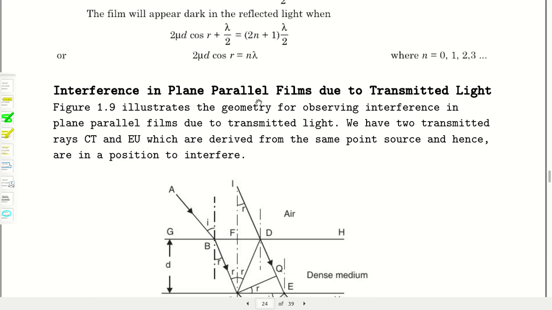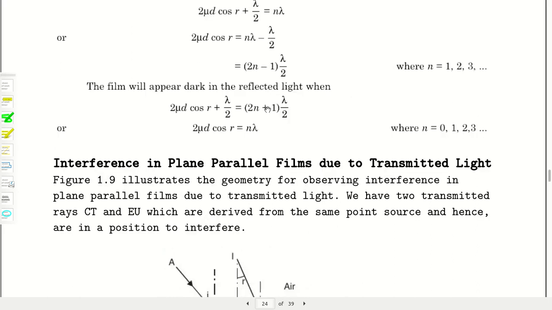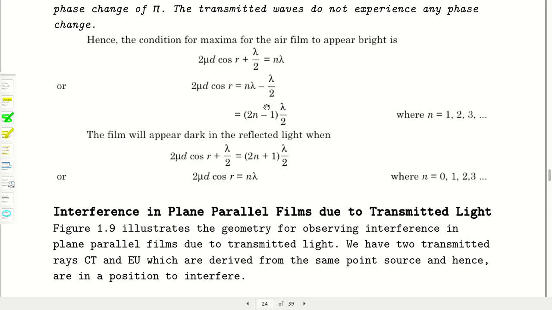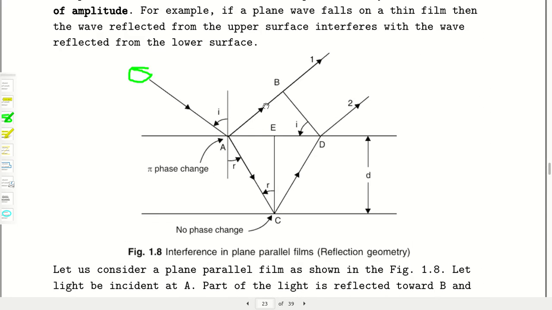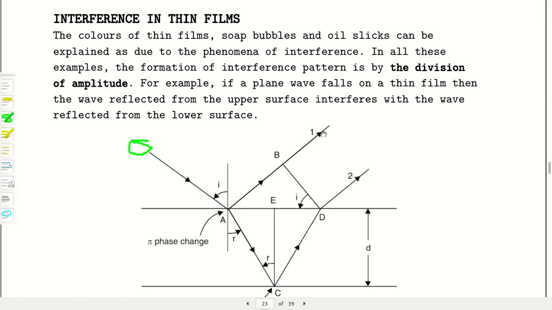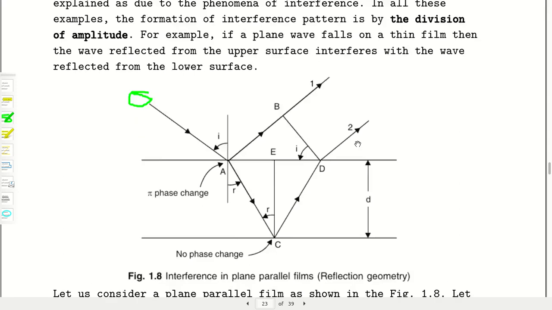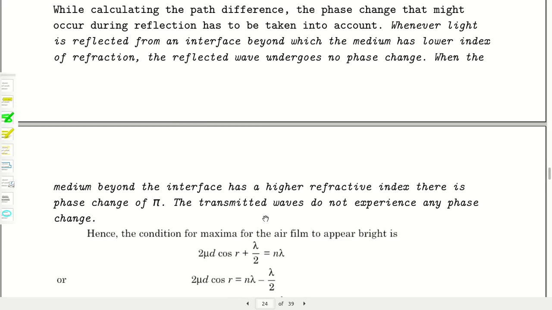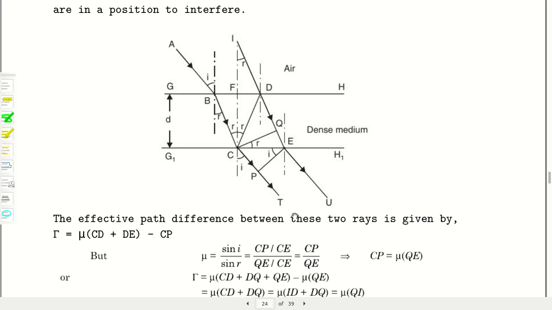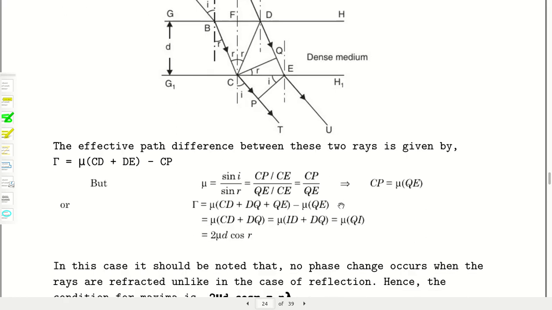The next topic is again the interference condition, but now we are going to evaluate it with the transmitted light. If your telescope is put over the top surface, then you will observe this kind of feature, but if your telescope is focused at the lower part of the film, then you will get the complementary condition for maxima and minima.